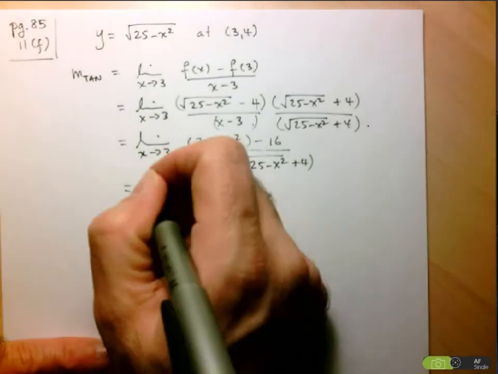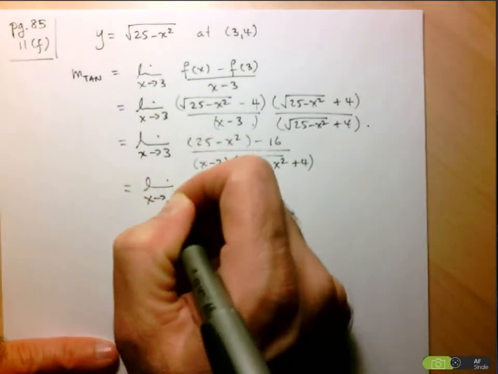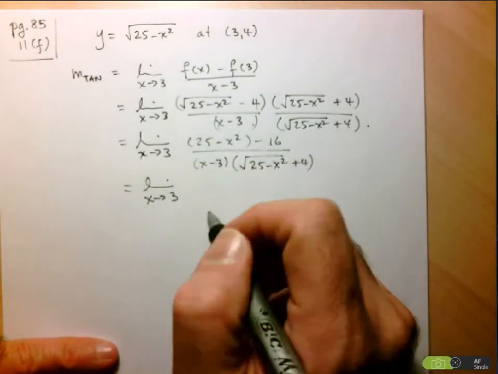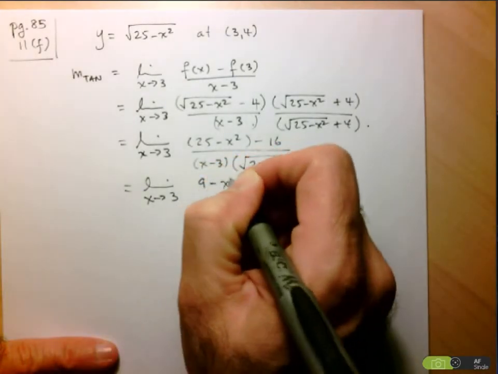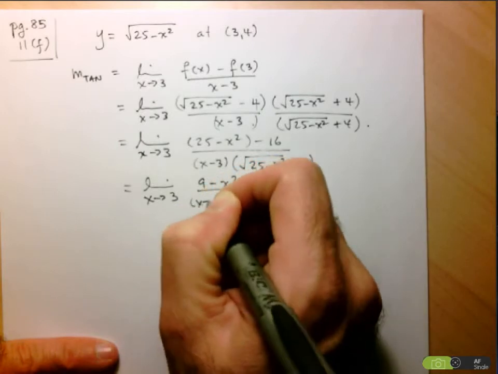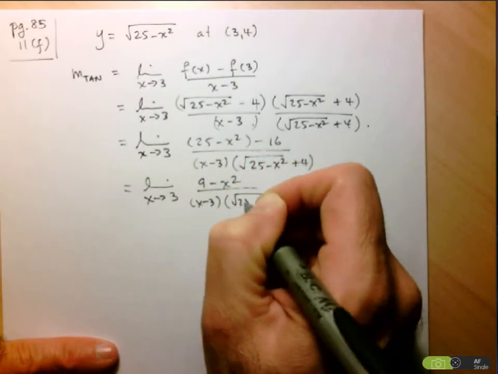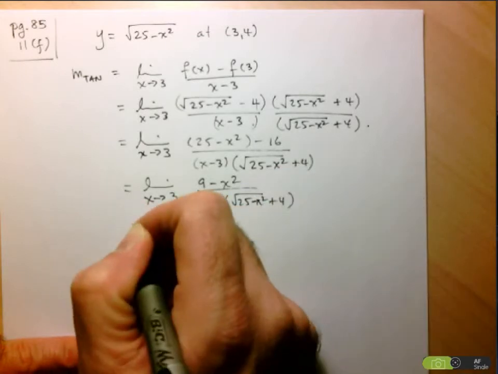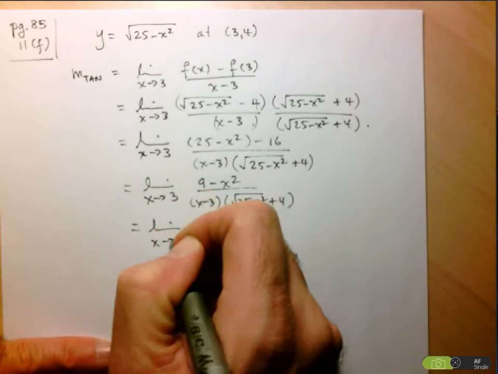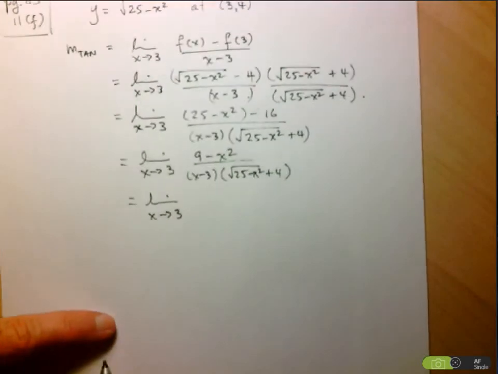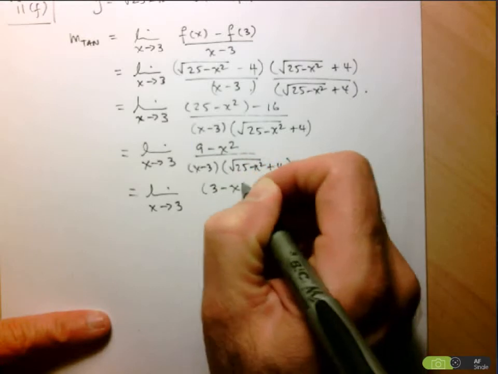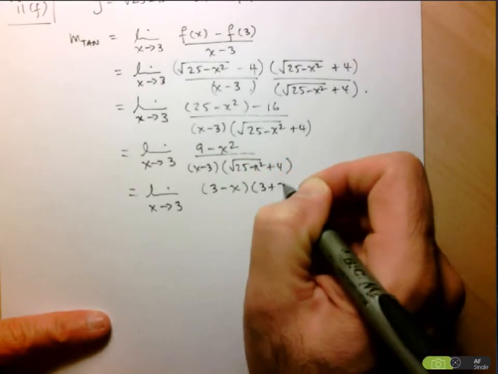Continuing the simplification, we're left with 25 minus 16, so 9 minus x squared, over x minus 3 times this whole thing. Finally, as we hope, we can do some factoring: I can factor this as 3 minus x times 3 plus x.